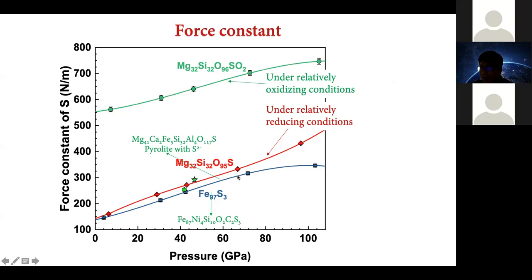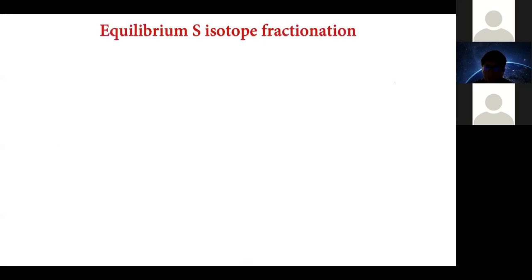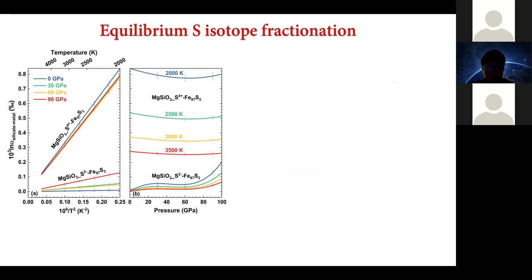Both silicate and metal melt become substantially more packed with increasing compression, and hence the sulfur force constants increase significantly with pressure. So we calculated the equilibrium sulfur isotope fractionation between silicate and metal melts at different pressures and temperatures.